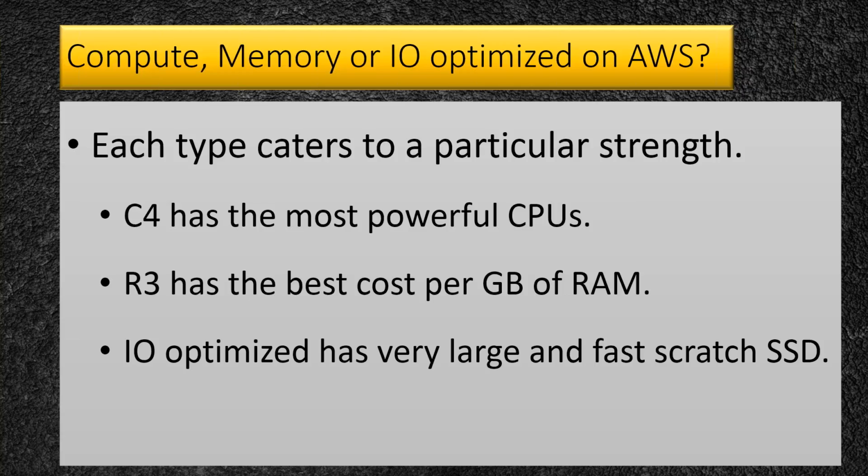Because more RAM will usually alleviate I/O and will alleviate the CPU cycles spent just reading off of I/O as well. So I think that's why I would go with R3 if you don't know exactly the characteristics of your workload. I think that's the safest choice in terms of good SQL Server performance. Okay.